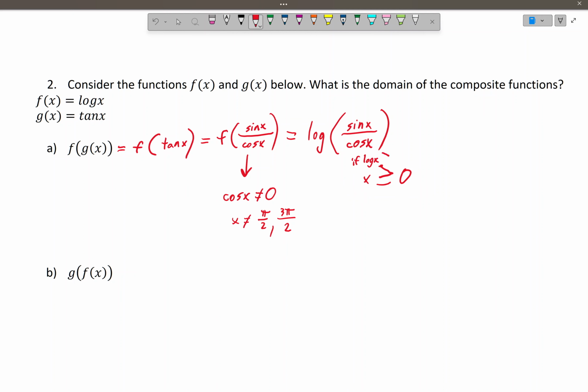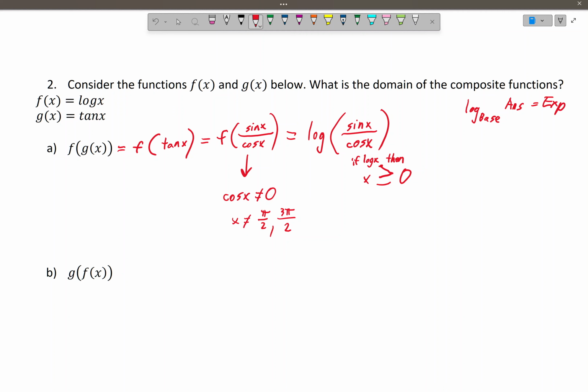Maybe I'll write it like this. Because it's log base, the answer equals the exponent.